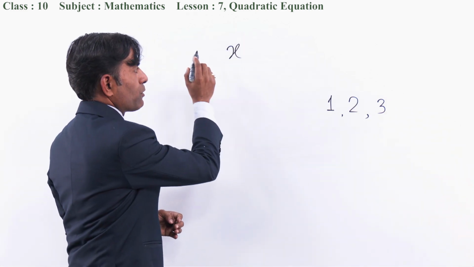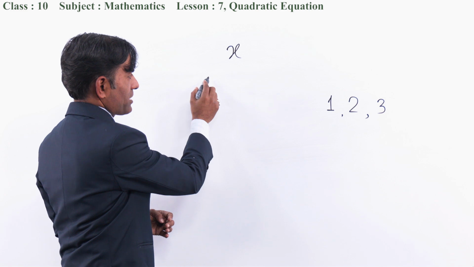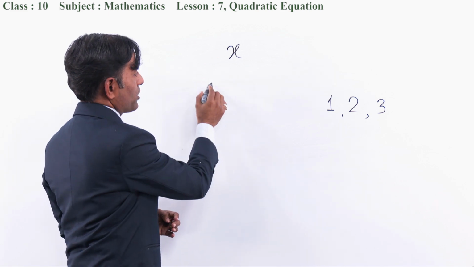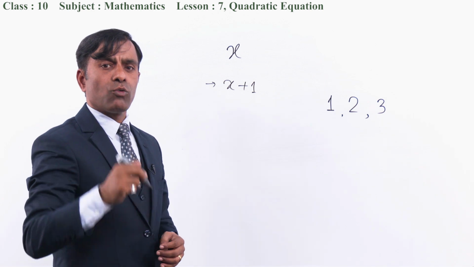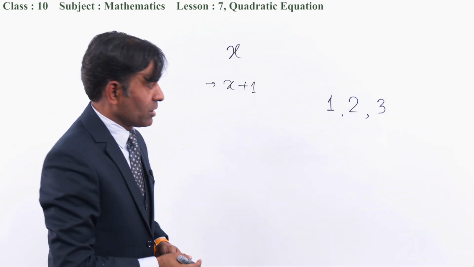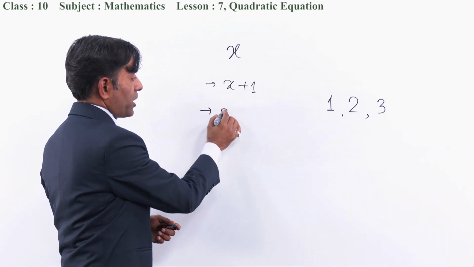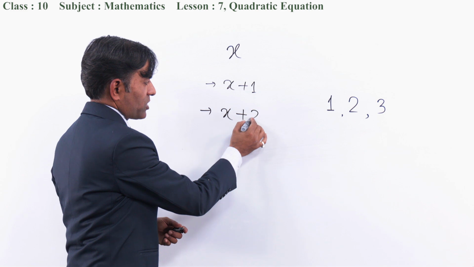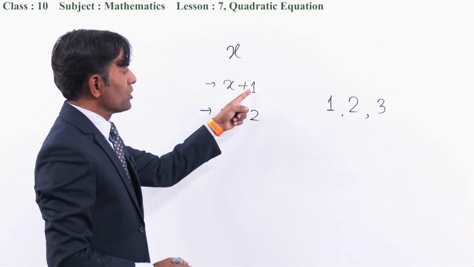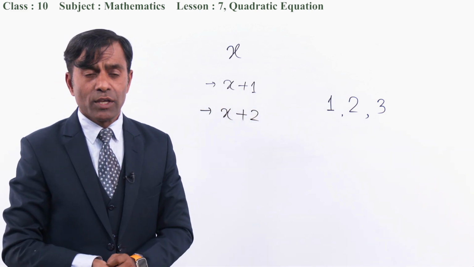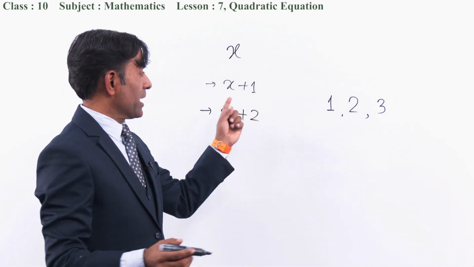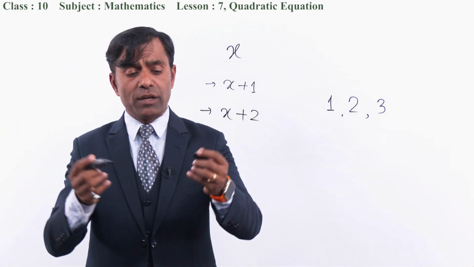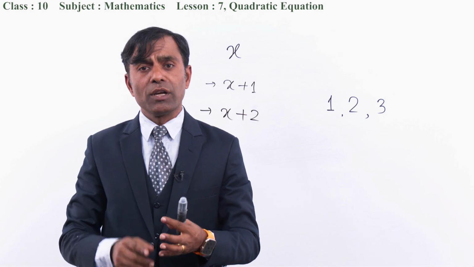So if we take one consecutive natural number as x, then the next one should be x plus 1, because x plus 1 is 1 more than x. Similarly, the third number is x plus 2, because x plus 2 is 1 more than x plus 1. So the three numbers are x, x plus 1, x plus 2, and so on, if we have to go for 4 numbers, 5 numbers.